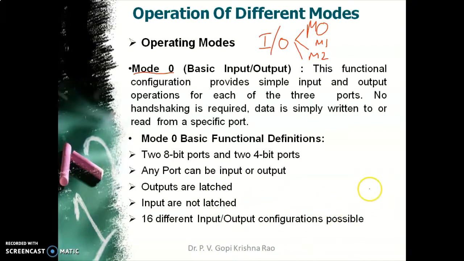In this configuration, any port can be an input port or output port. The features are that outputs are latched, inputs are not latched, and there are 16 different input output configurations that are possible in mode 0 of operation.